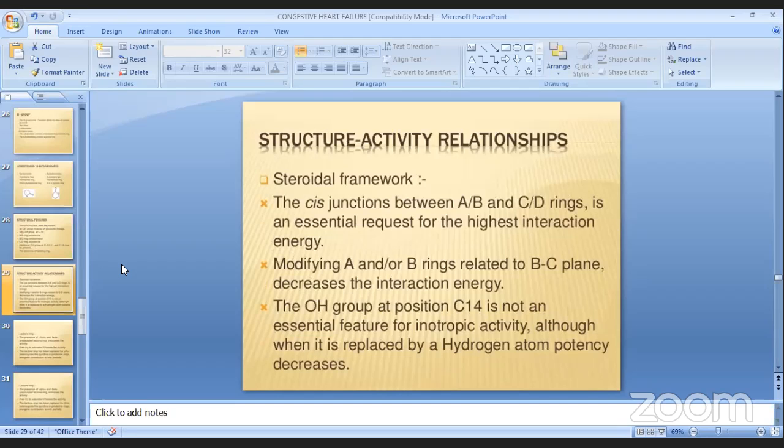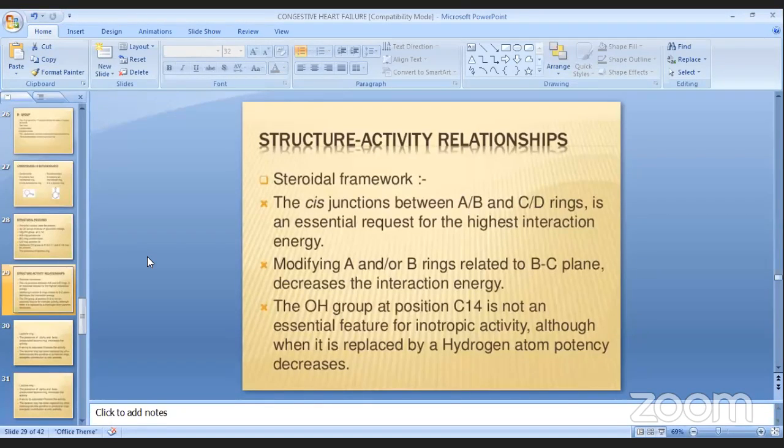If I go for the structure activity relationship of this type of steroidal framework, then you can tell the AB cis and CD cis rings are essential for the highest interaction.